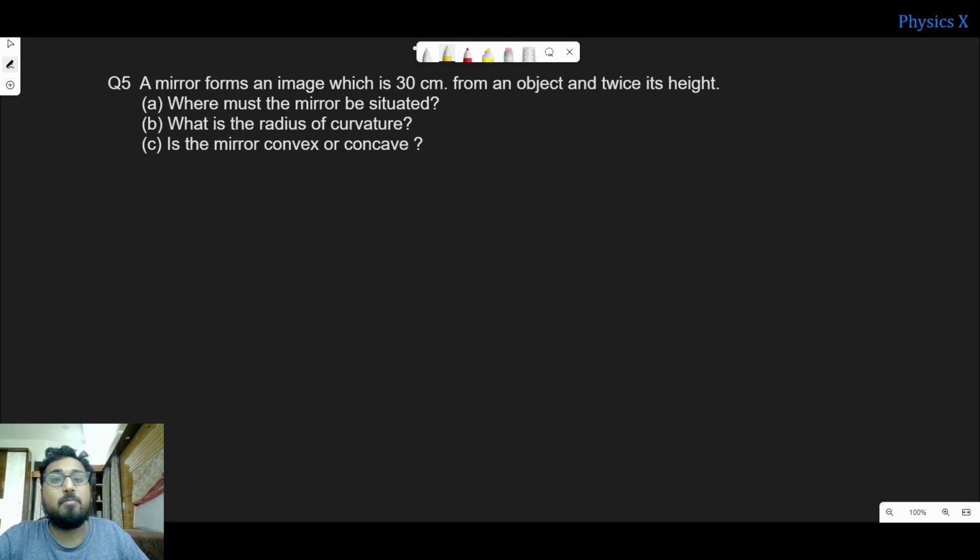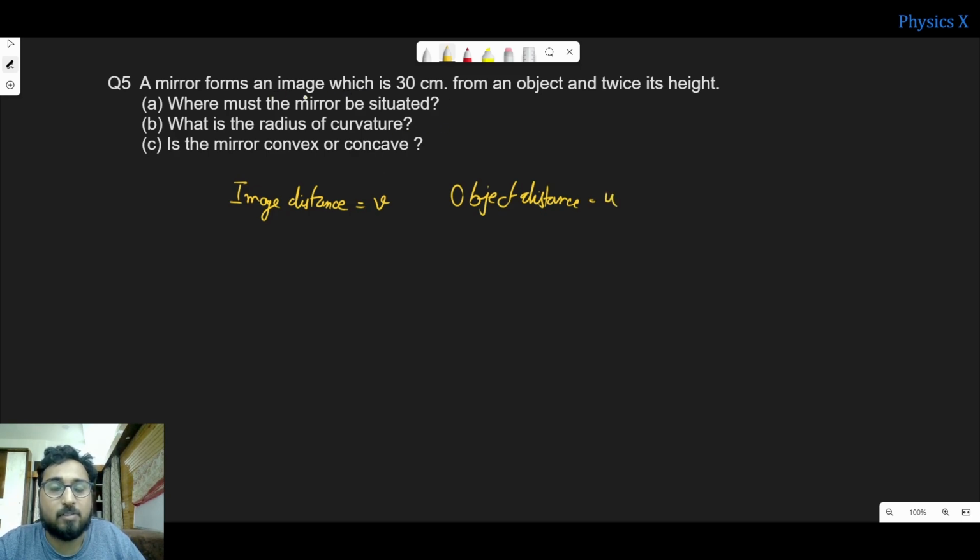A mirror forms an image which is 30 centimeter from an object and twice its height. Where must the mirror be situated? He is telling that the mirror forms an image which is 30 centimeter from the object. That means we know that the image distance is v and the object distance is u.